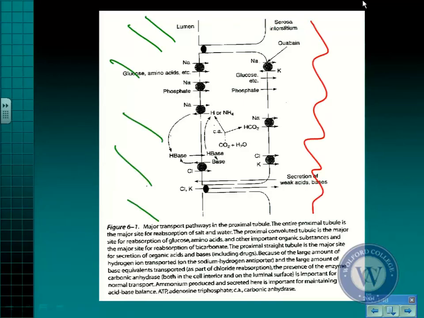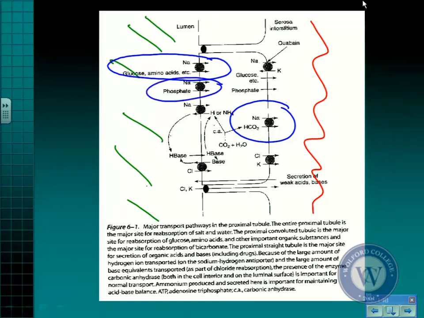If you look at this carefully, you can see that your sodium bicarbonate system is right here. That's one. But these are all the symporters I was telling you about. This is the sodium nutrient symporter, so it's got glucose, amino acids, any other kind of nutrient will come across. Sodium phosphate. Then you have the antiport system, which is sodium coming in for a hydrogen going out.